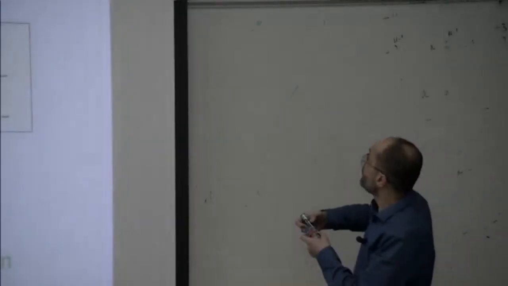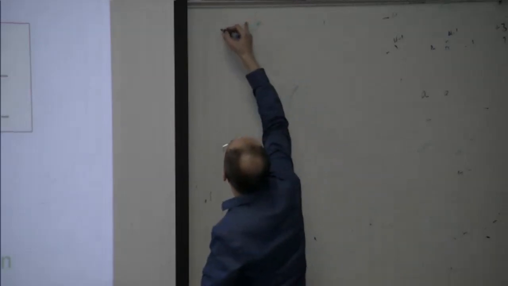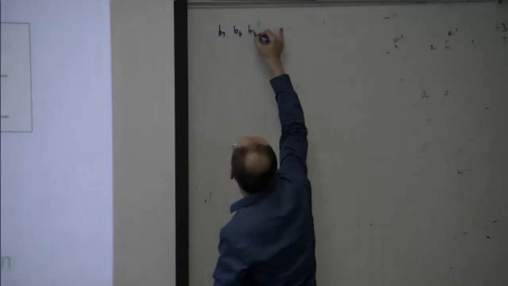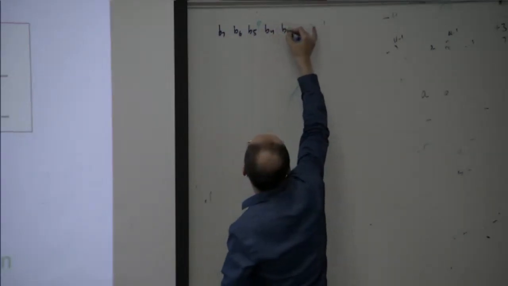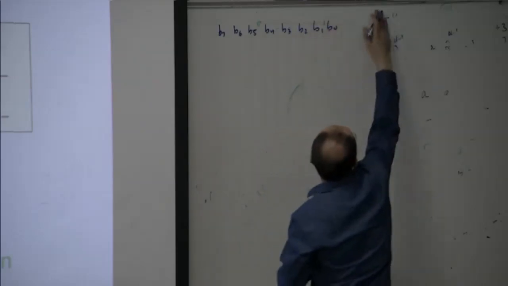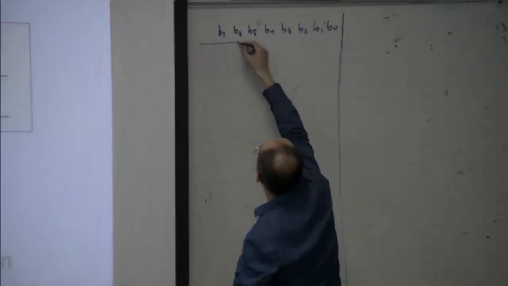Now we change n. Let's assume that n is 8. So now we have B7, B6, B5, B4, B3, B2, B1, and B0.